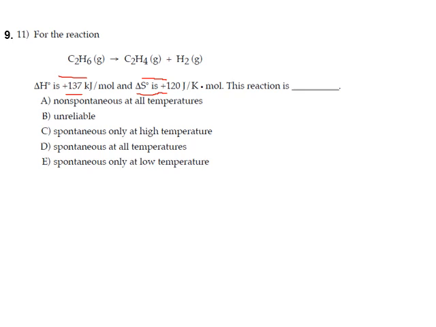And because it's multiplied by T, we can make it more important by having T high, whereas if T is low, it will be less important. So what we want is a high temperature here if we want this to be spontaneous. So the answer choice here is going to be C. It's going to be spontaneous only at high temperatures. Next slide.